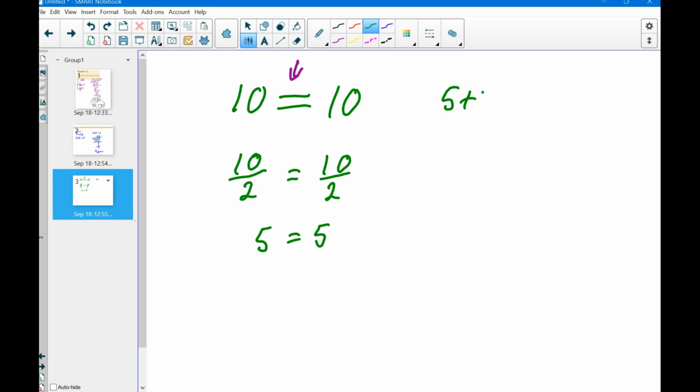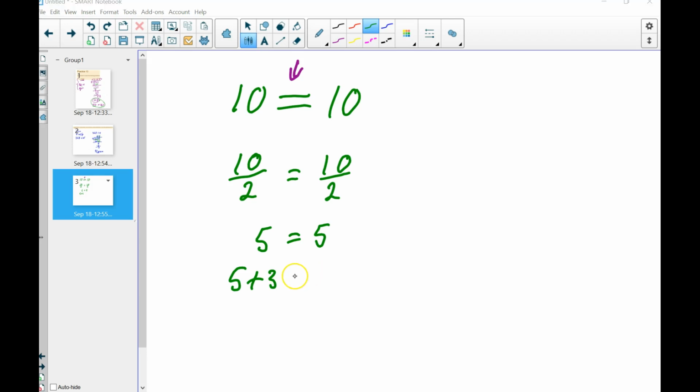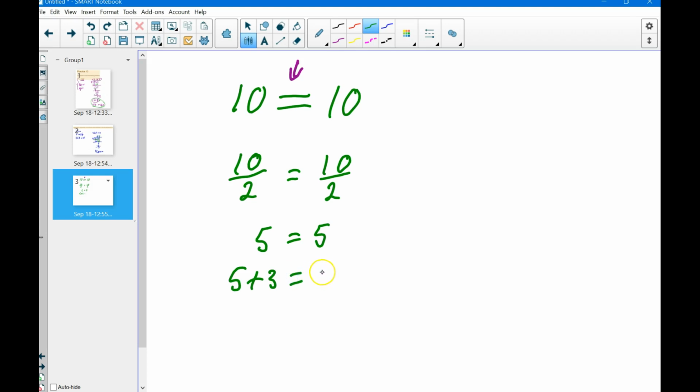If I add 3 on this side, I'll move down here, sorry, hang on. It's hard to do with a blackboard, chalkboard or whiteboard. I love this stuff. So in any case, if I add 3 on that side, as long as I put 3 on the other side, guess what? It's still equal, and all I care about is that they're equal.